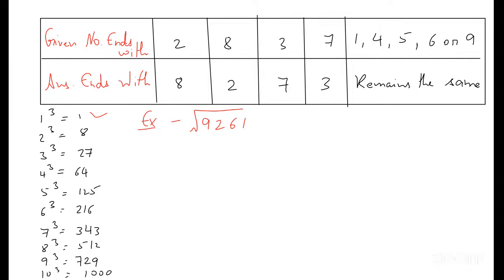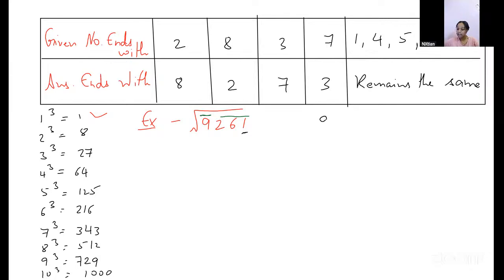Now 9, 2, 1, 6 is the first step. Make pairs. So we will make pair of 261, and then 9 we will have. First do the digi-root. 9 plus 2, 6 and 1.